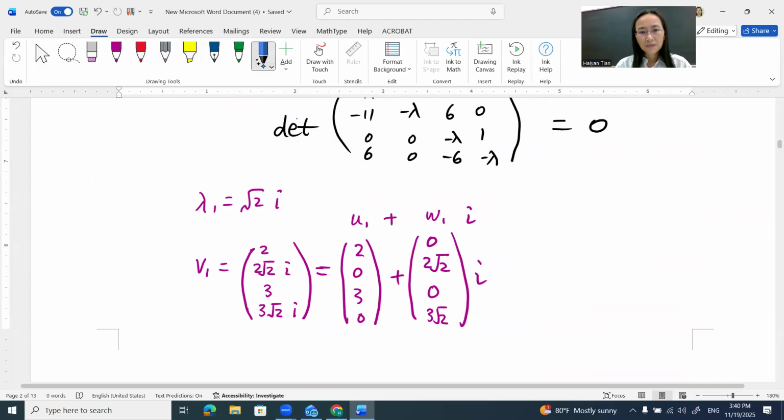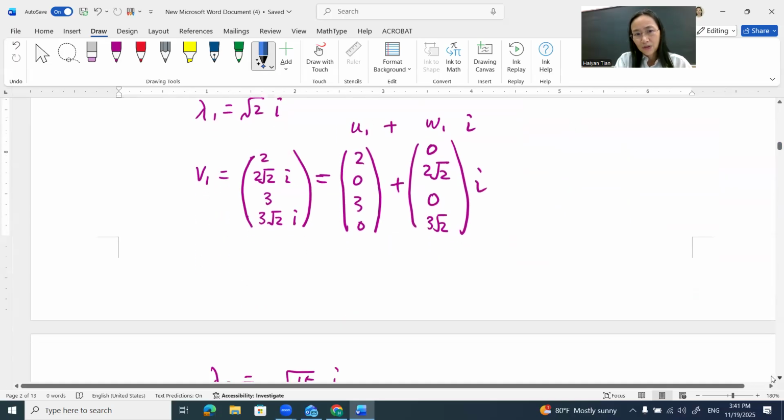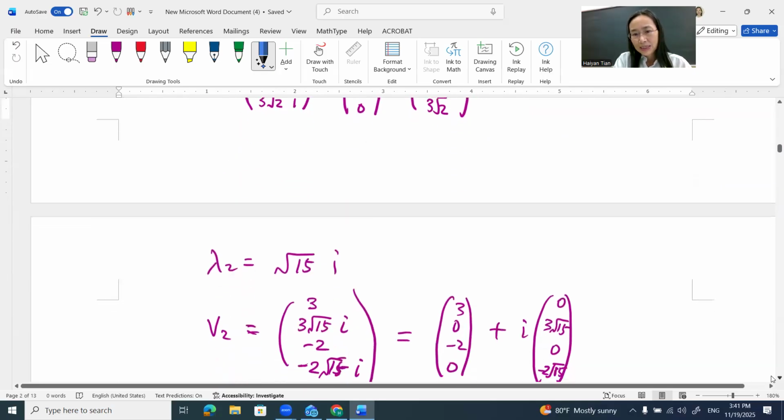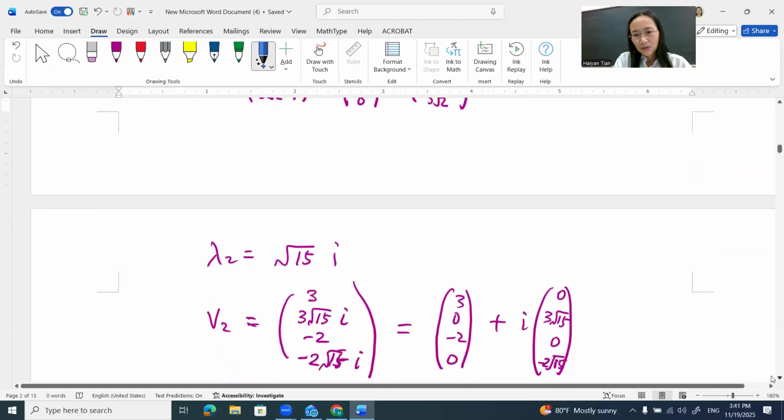Although the theorem provided this, remember that the conjugate of this vector, if I put a minus, is still an eigenvector corresponding to the eigenvalue lambda bar. So actually we have 4 eigenvalues and 4 eigenvectors. Although 2 eigenvalues are listed, their conjugates are also eigenvalues and eigenvectors. That's all.